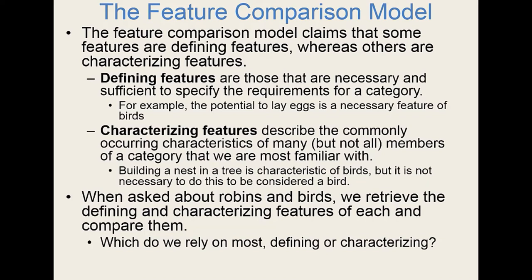Now here's a question though, which do we rely on most, defining or characterizing features? So again, think of what are some of the defining features of a robin, what are some of the characterizing features of a robin? Here's a robin for us to look at.